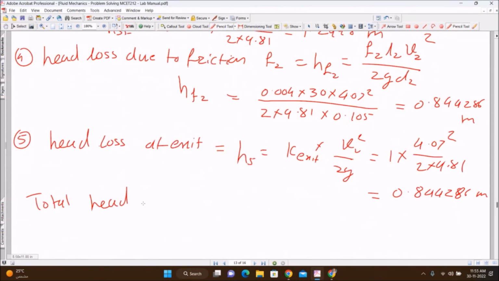Total head loss is equal to H is equal to H1 plus HF1 plus HSE plus HF2 plus H5 exit.